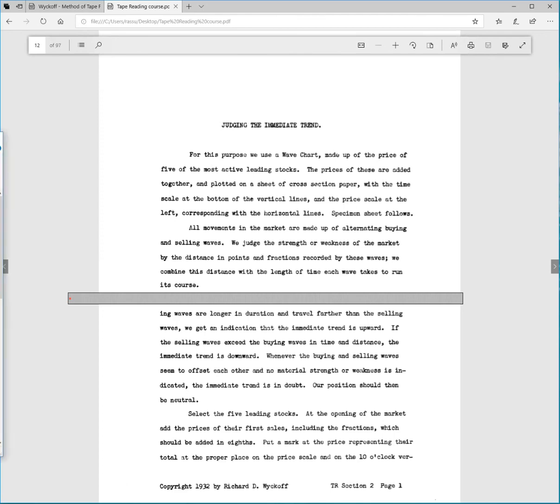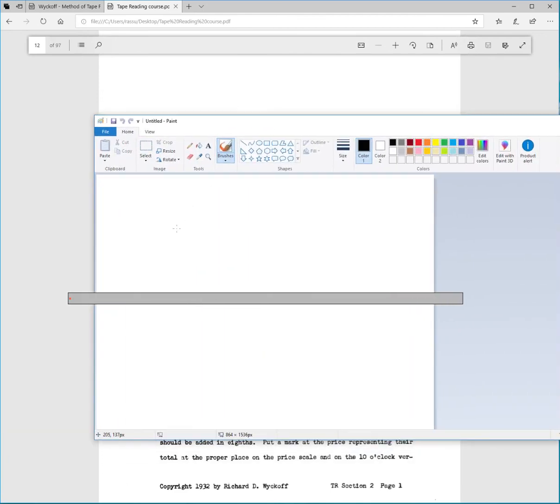It's not rocket science. It's a rally and a pullback. So let's say this went up 5 points. It did that in 15 minutes. This pullback went down 2 points, and it did that in 10 minutes.